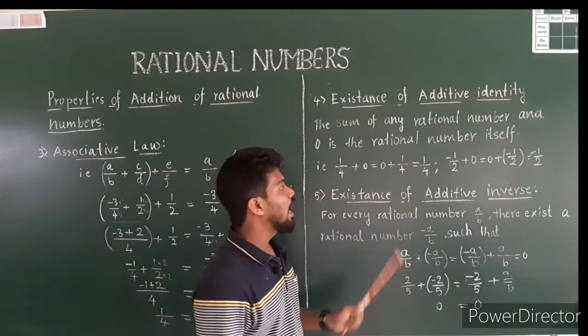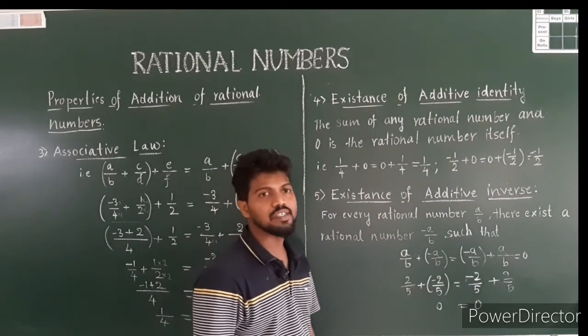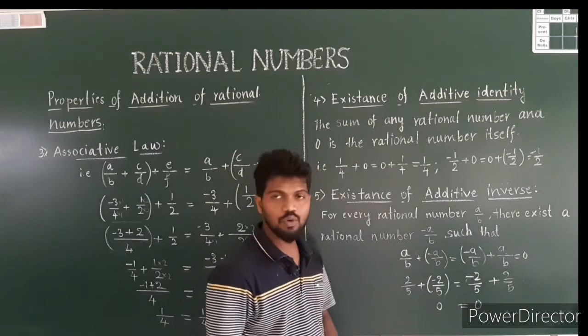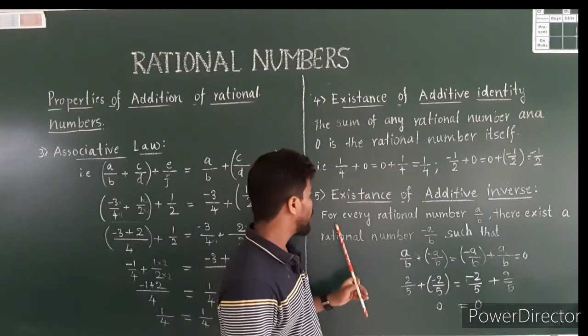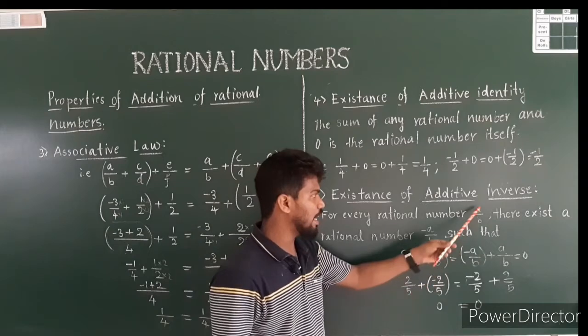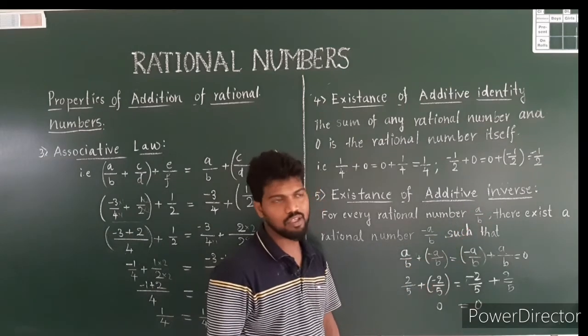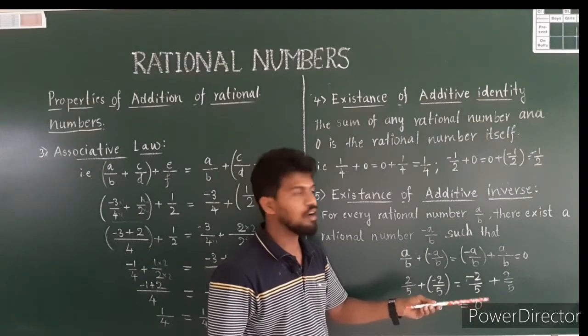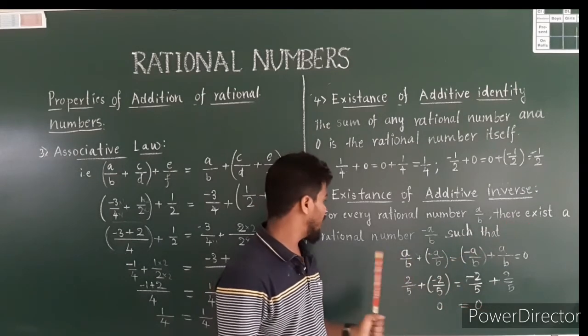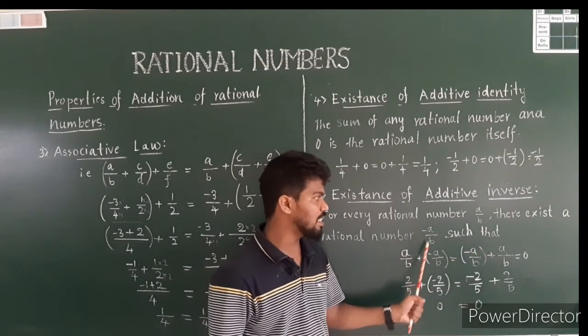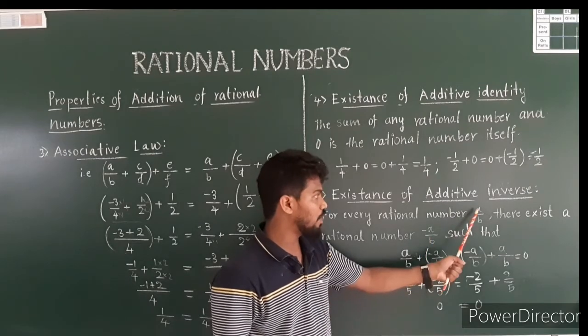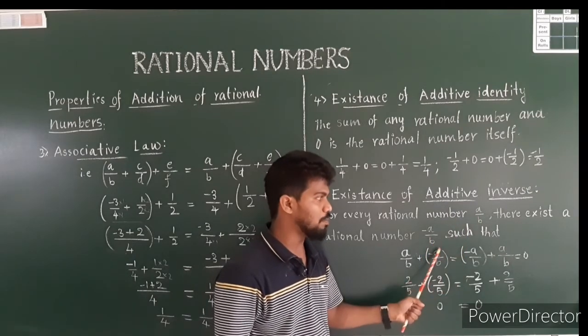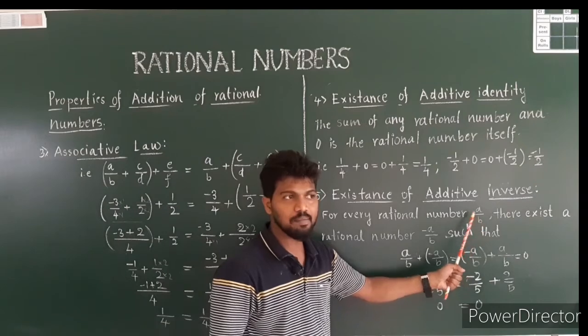So next, existence of additive inverse. For every rational number, take it in general as A by B. So you take 1 by 2, 1 by 4, 3 by 4 or 5 by 4. There exists one more number, minus A by B. So for 1 by 2 you get minus 1 by 2, and for 5 by 2 you get minus 5 by 2.